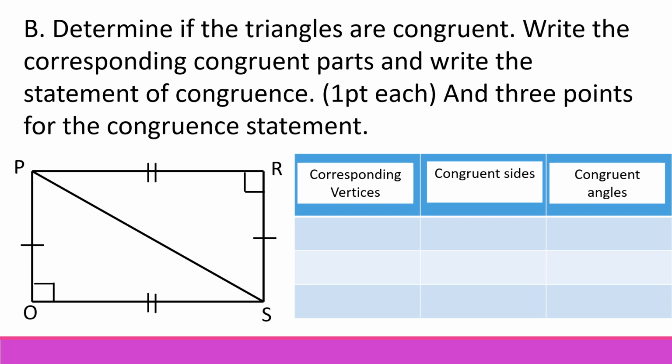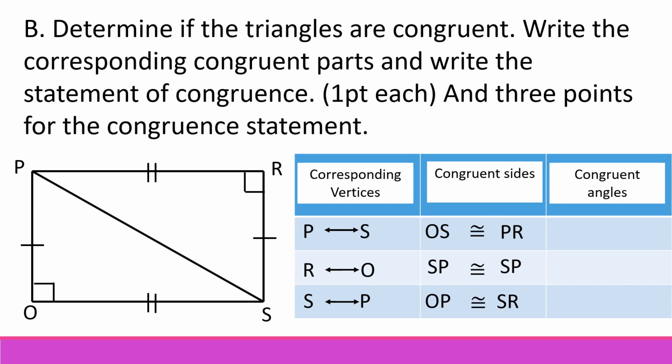So the answer is, for the corresponding vertices, we have P corresponds to S, R corresponds to O, S corresponds to P. And for the congruent sides, side OS is congruent to side PR. Side SP is congruent to side SP. Side OP is congruent to side SR.